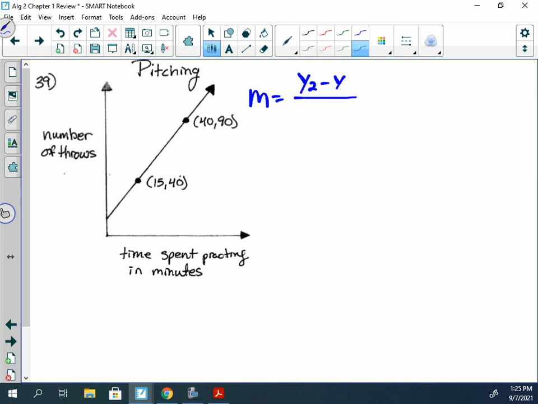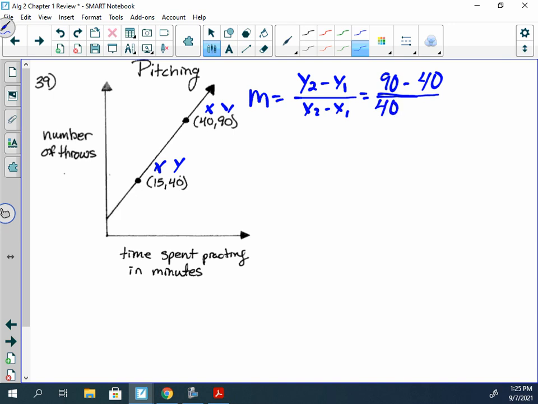Because the slope is y2 minus y1 over x2 minus x1. Well, what are our two y values? These points are x comma y, x comma y, so 90 and 40 are our two y values.